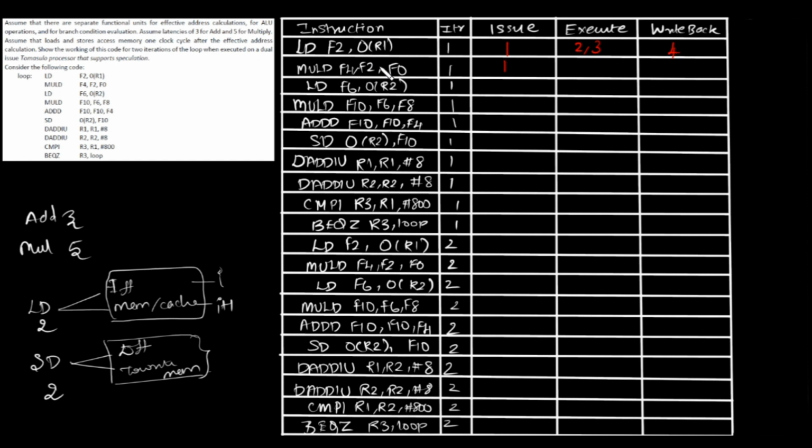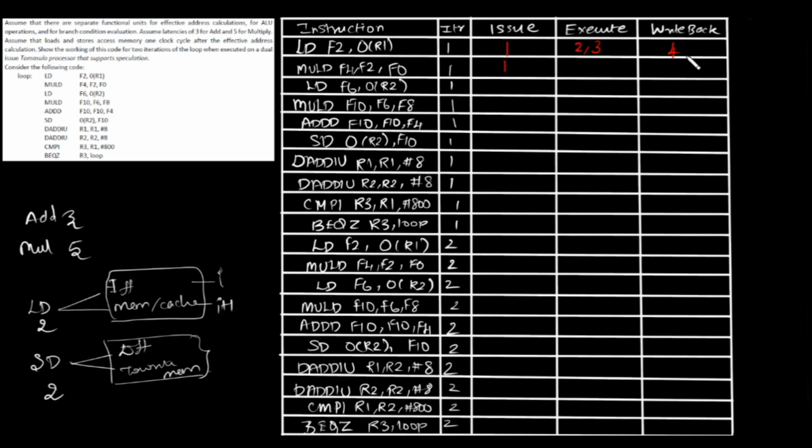Next is the multiplication operation, F4, F2, F0. F0 is already loaded somewhere, so it is assumed fixed, while F2 is to be loaded from the memory. So F2 is truly data dependent on the load, and we have to wait for this load to complete.